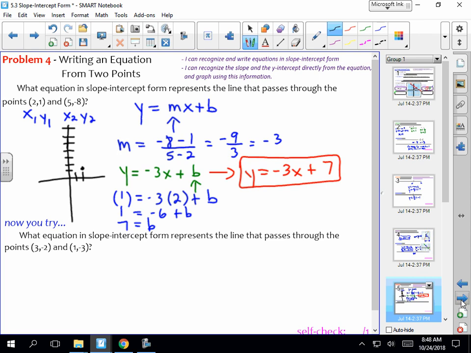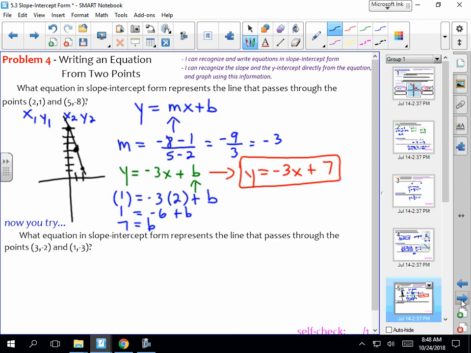But if I were at 2, 1 and I have a slope of negative 3, that would mean I'm going up 1, 2, 3 and over 1. So I'd go up 3 and over 1, and then I'd go up 1, 2, 3 more and over 1 more. And if I were to keep doing that with that slope from the point 2, 1, I would eventually cross through at 0, 7. So that's more of a visual way to see what we're doing.